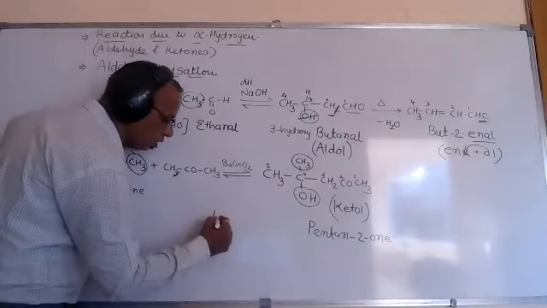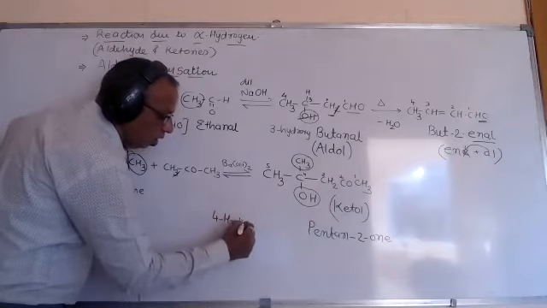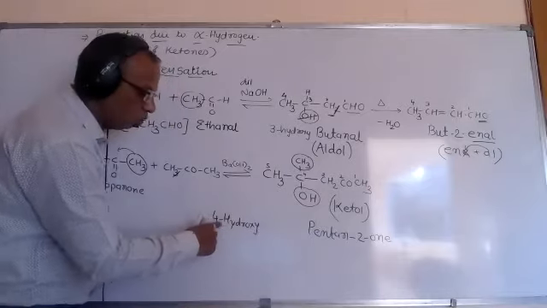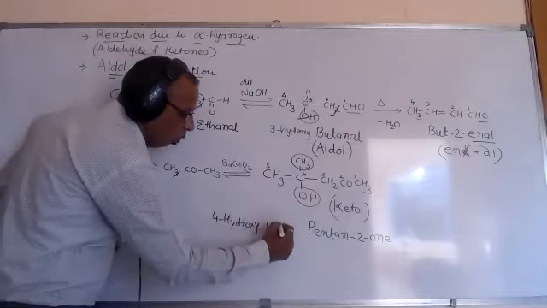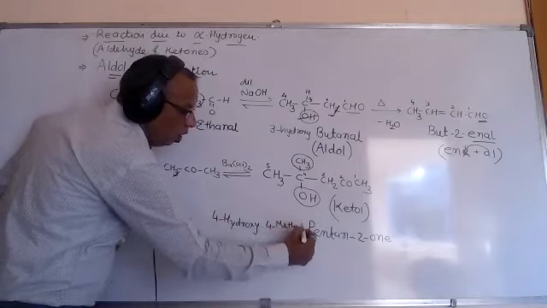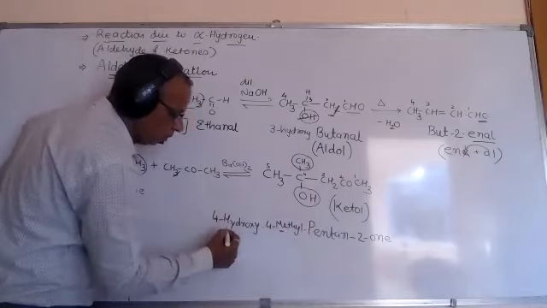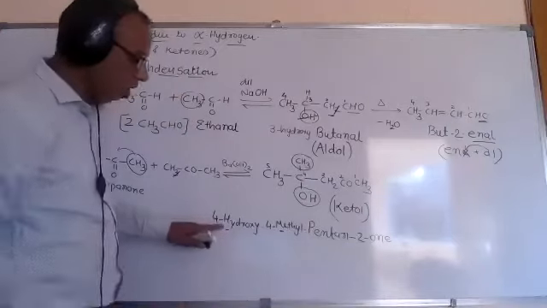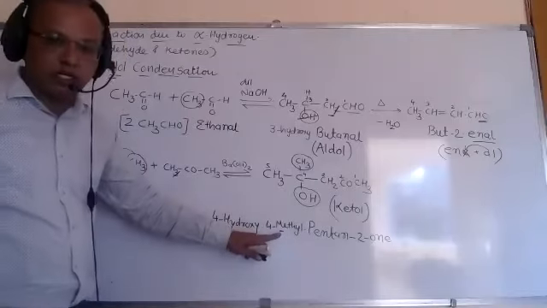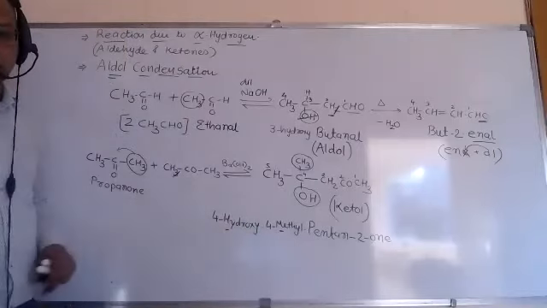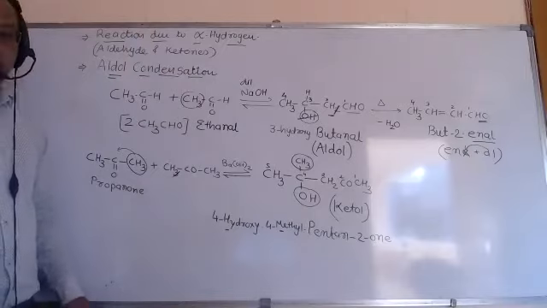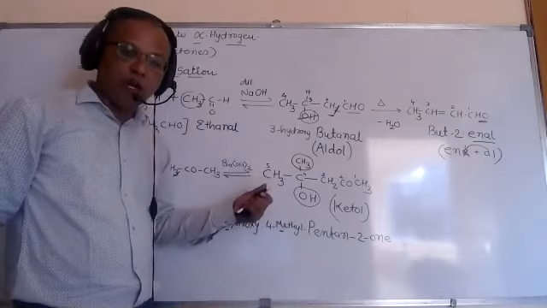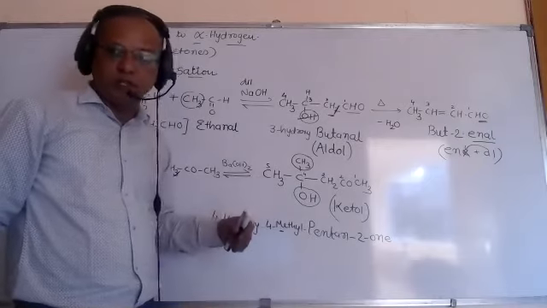As hydroxy starts from H, it is to be given priority as per IUPAC rule. So 4-hydroxy, 4-methyl, methyl starts from M, hydroxy starts from H. So H comes first and this is later. That's why it should be written like this. So this is the intermediate or first product, the ketol, of aldol condensation of ketone.